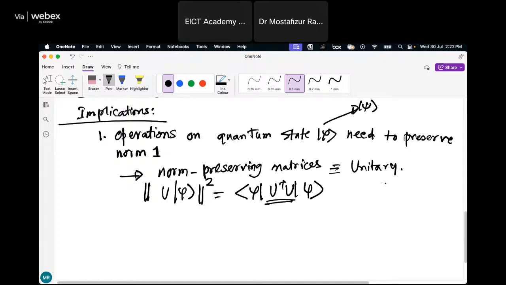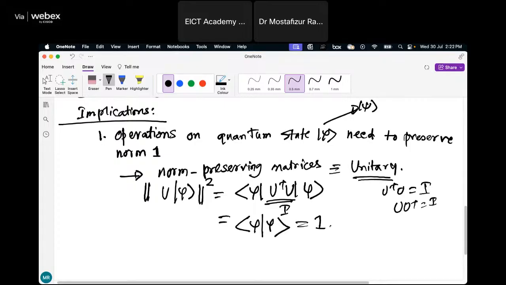The definition of a unitary matrix says that if U dagger U equals the identity, then and only then, under that particular condition, this will be equal to 1. So the condition for any operation that acts on the quantum state is that it should be a unitary matrix. Then the norm will be preserved.